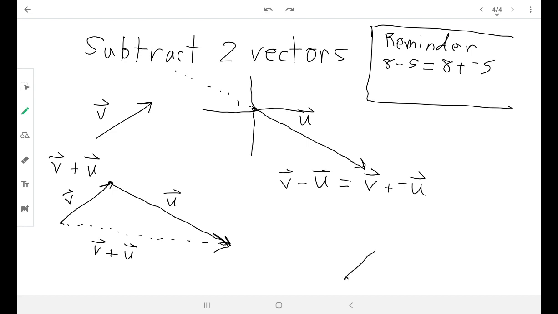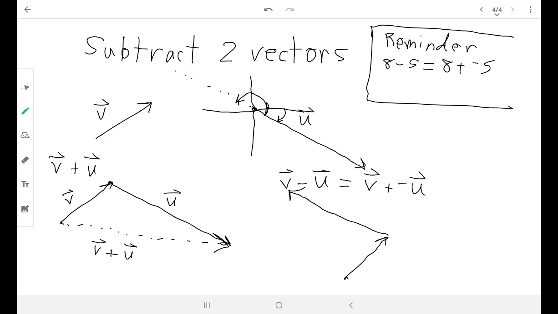You'd draw V the same way, but U would be the same length, but in the opposite direction, which is to say that U has this angle to it, so the other one winds up having that angle to it, which, if you look, is 180 degrees away from it. And that's how you get the negative vectors for these.